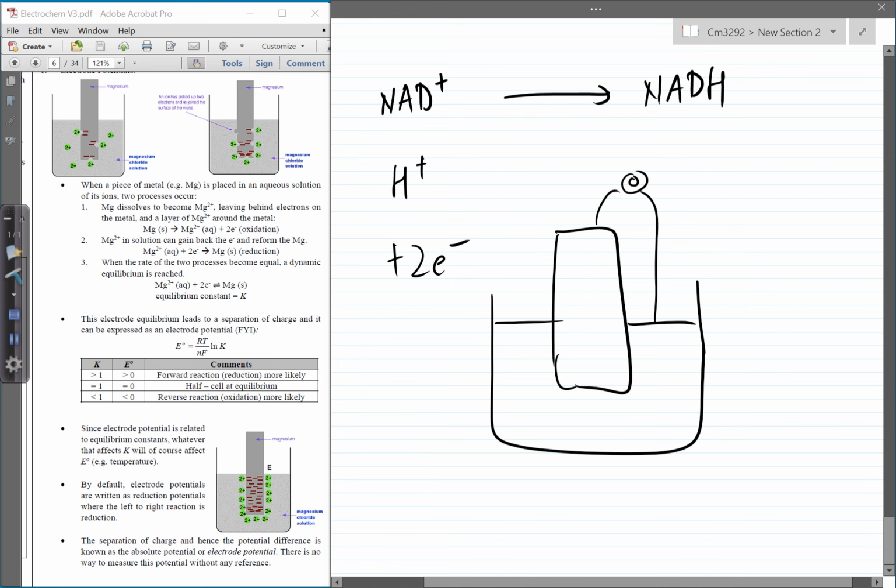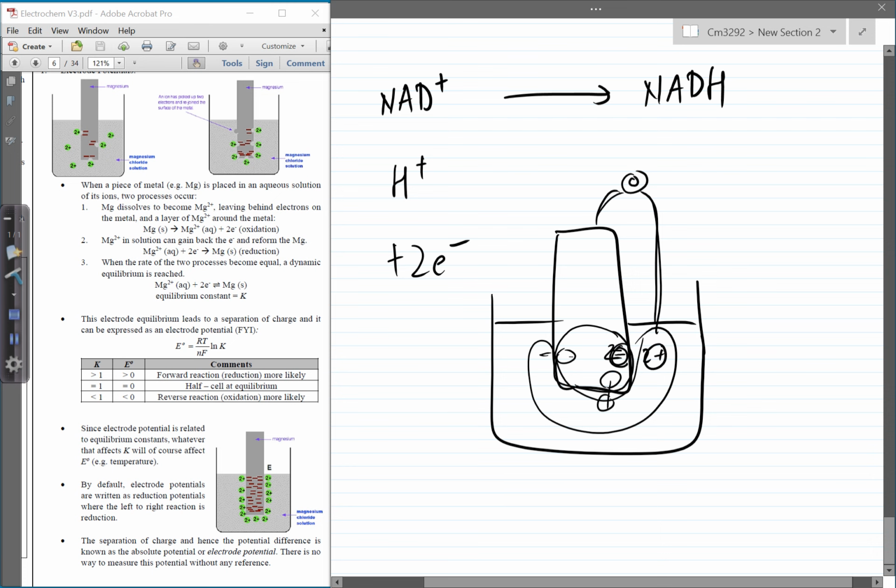But as time proceeds, Mg will become Mg2+, and this will leave a hole here, which represents 2-. So eventually there will be a lot of these holes generated, and when it's at equilibrium, there will be a fixed number of holes here, and a fixed number of charges here. So the potential difference between the two is also fixed at some value.